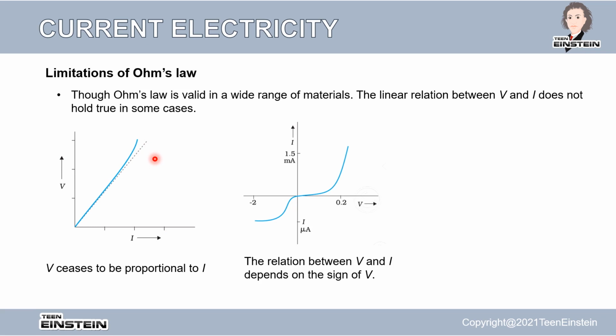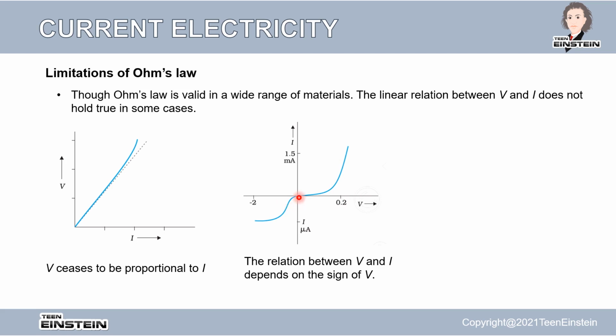In some materials like diodes, the relation between V and I depends on the sign of V. For example, if you look at the positive side of this graph, when V is positive, the graph goes like this. But when V is negative, the graph goes in a different way. So they are not symmetric.